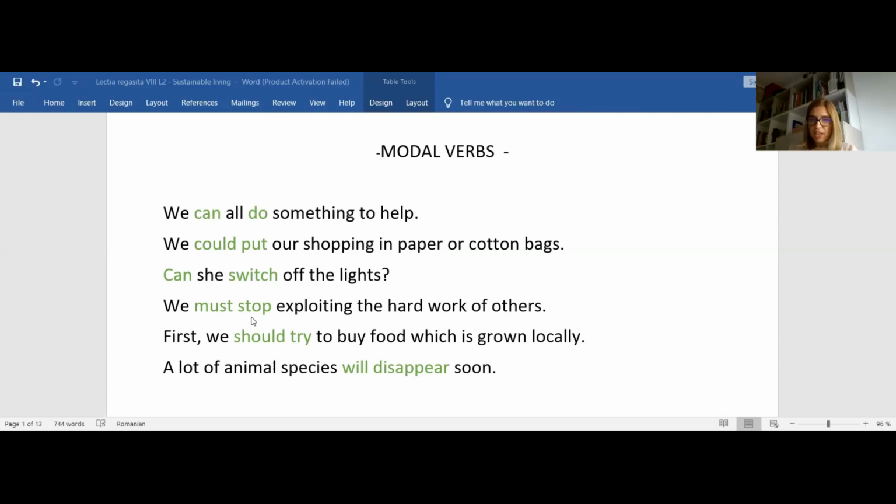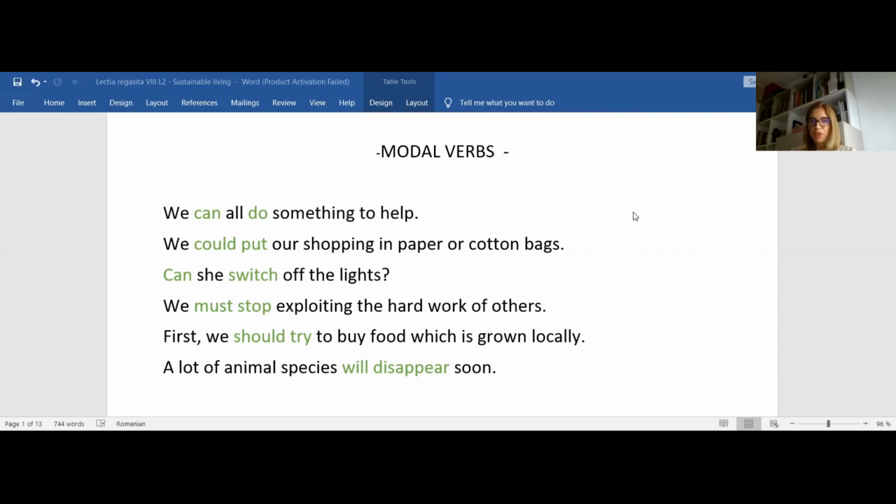And something else which I would like you to notice is that in the third person singular, the modal verb doesn't take an S as we are used to with normal verbs. So in this question, can she switch off the lights? In this question is in the third person singular, but the modal verb can doesn't take an S.